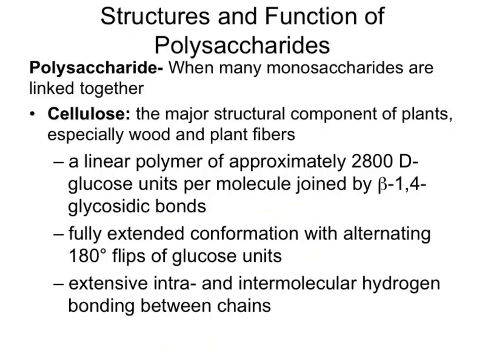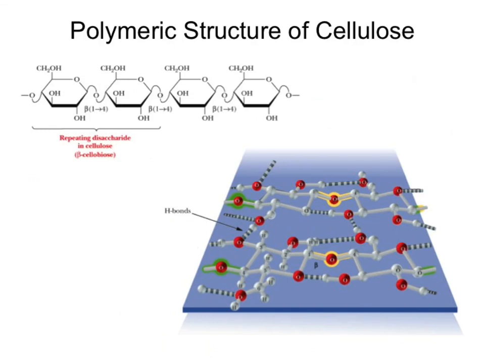All of those OH groups can then hydrogen bond to other chains. If we've got a nice long simple chain, that long simple chain can interact a lot with another long simple chain, and we can get a pretty strong interaction between them, and that can help with our structural issues.